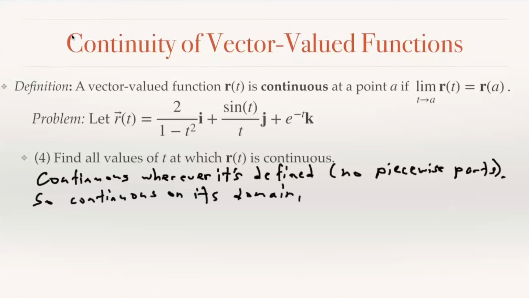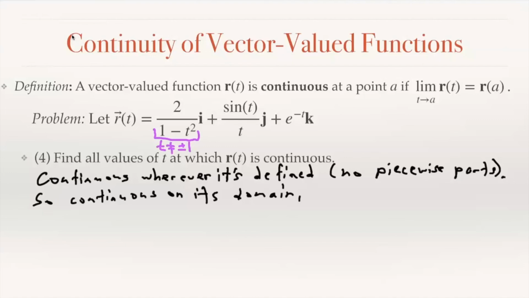Okay, so let's find its domain. The domain is everywhere all three components are defined. So from this part, we know that t cannot be equal to plus or minus 1. Otherwise, we have division by 0.